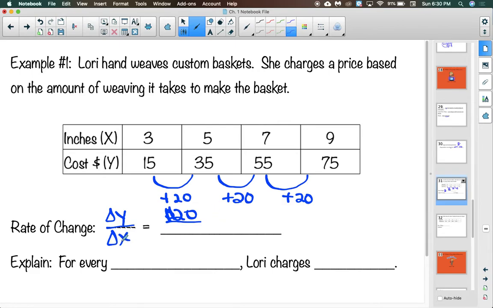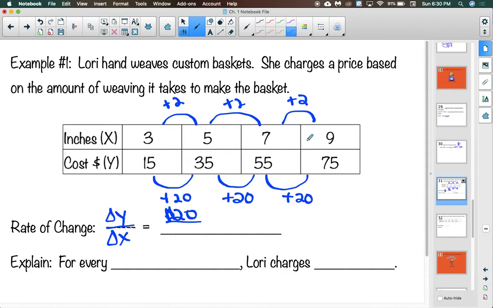Now we have to find our delta x. Delta x is the change in x's. So first, the change between 3 to 5 is plus 2. 3 plus 2 is 5. The next delta x is plus 2. 5 plus 2 is 7. And the next delta x, 7 to 9, is also plus 2.